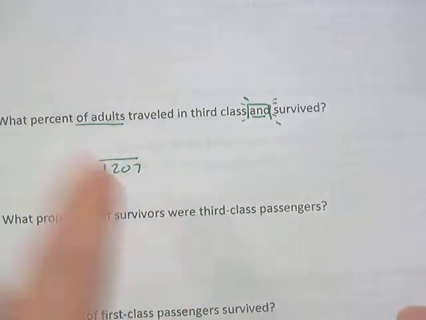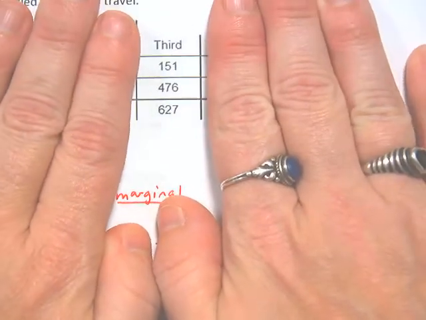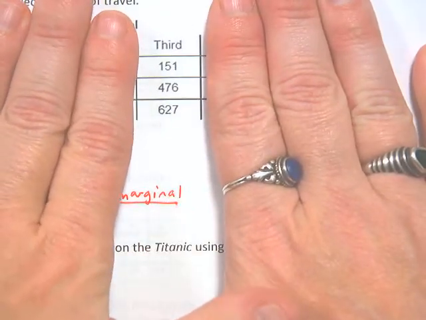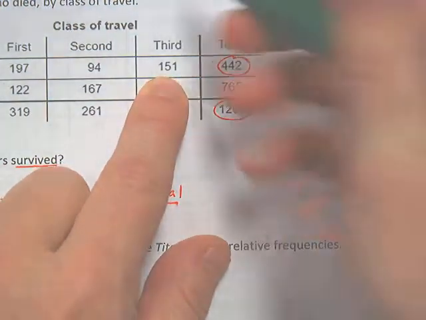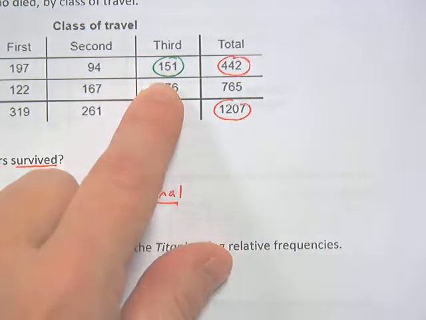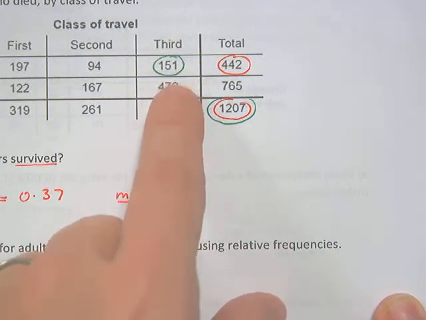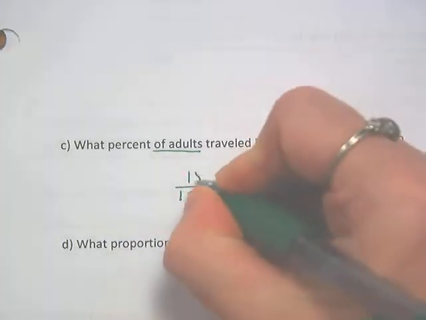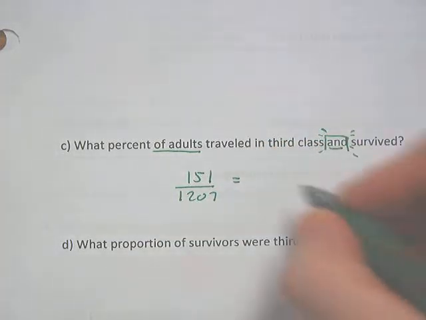So you have to look at traveled third class, which narrows it down to this column, and survived, which would be right here. So out of everybody, I want to know who traveled third class and survived. That's 151 people. Once a percent, 12.51%.